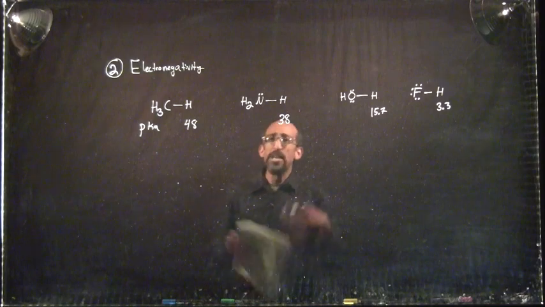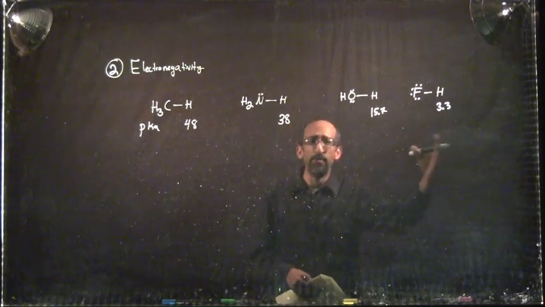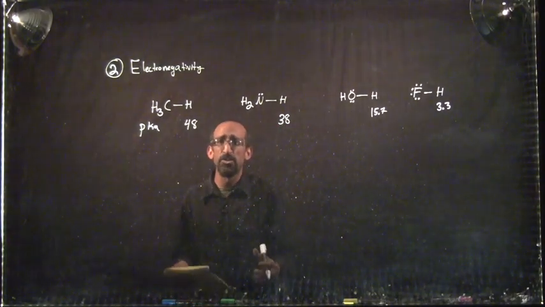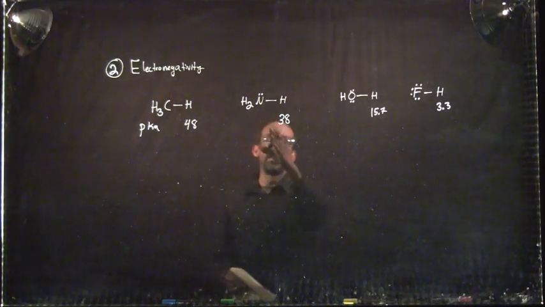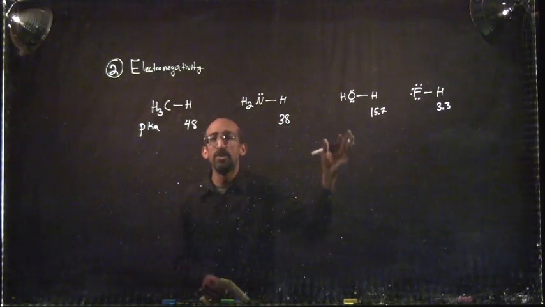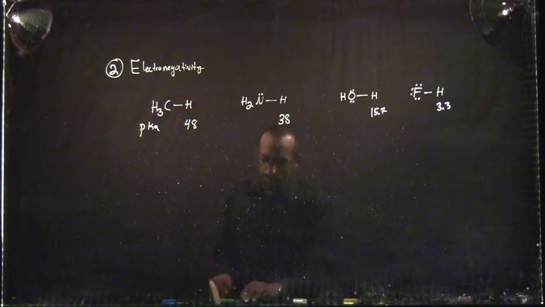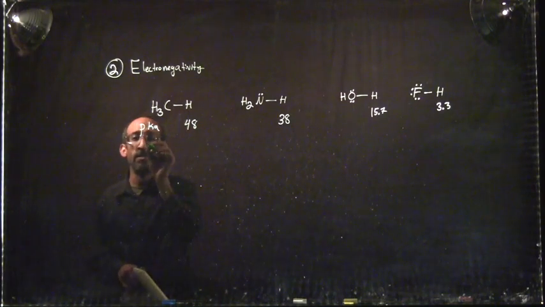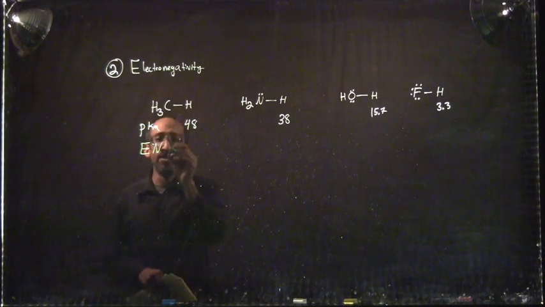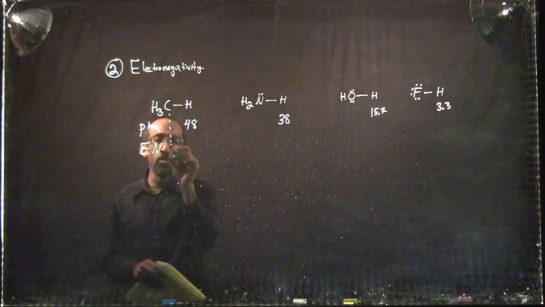So we can correlate this trend of decreasing pKa. It has an inverse relationship with the electronegativity of each of these different atoms that are bonded to the acidic hydrogen. So now for the electronegativity, I'm going to abbreviate that En here. For carbon, the electronegativity is 2.5.